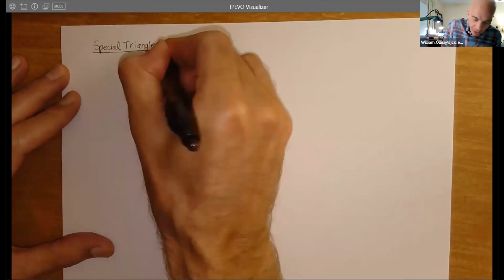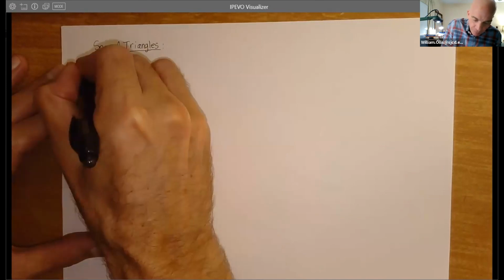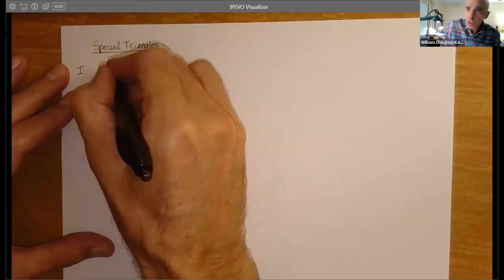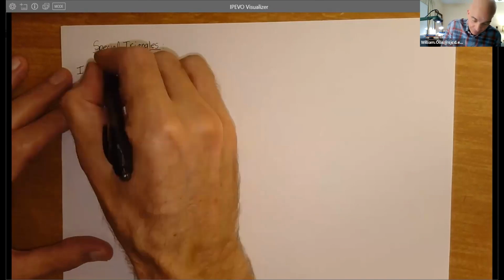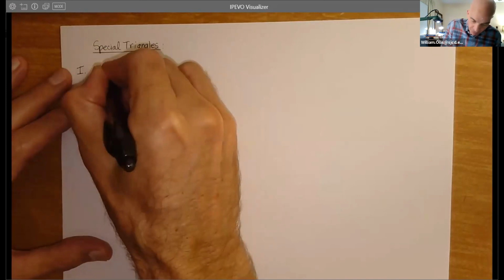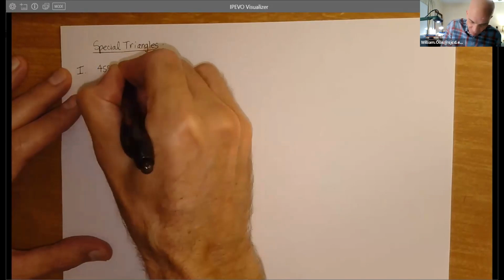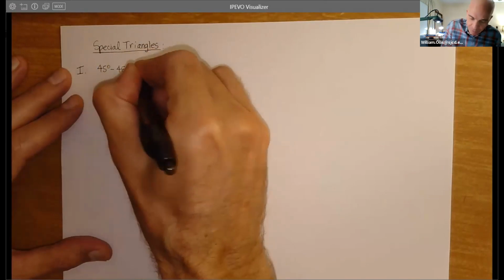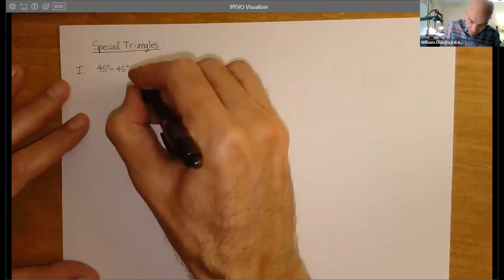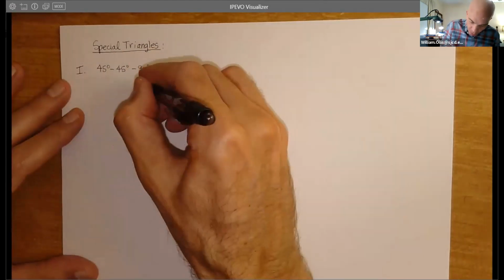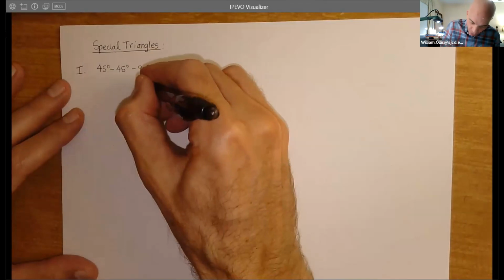So the first triangle is the one that you see a lot, the 45, 45, 90. So this makes what we call an isosceles triangle. Two of the sides are congruent, or the legs are congruent.